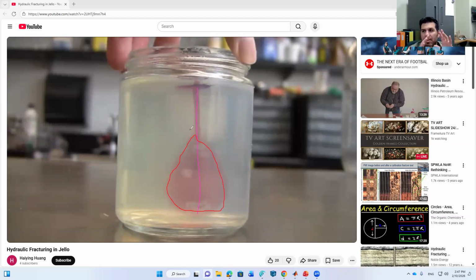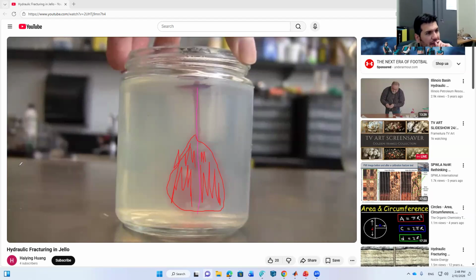Its plane is parallel to the axis going through the center of the well. The plane is parallel to that pink axis I drew. So this is basically a longitudinal fracture.